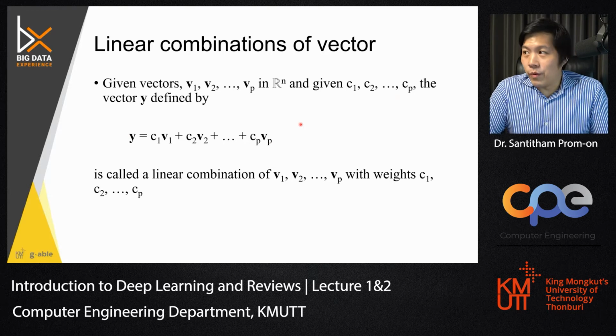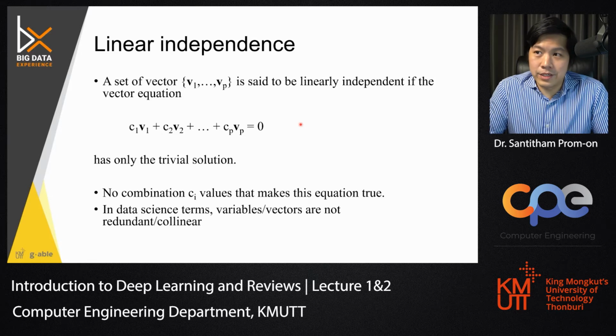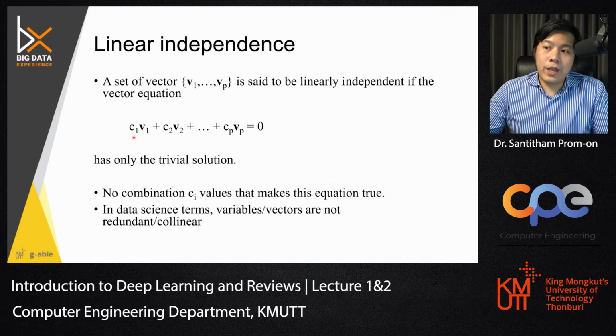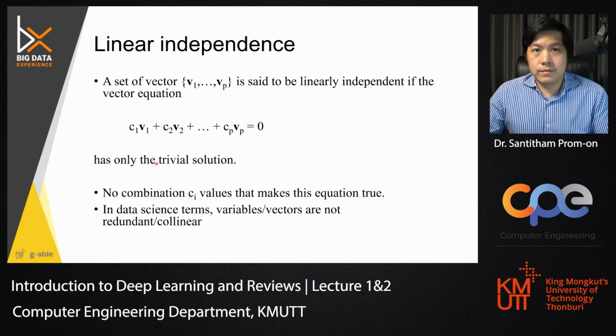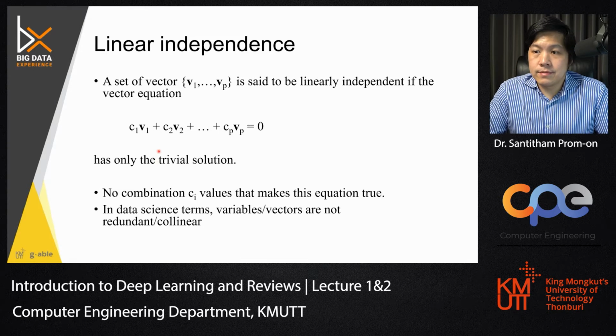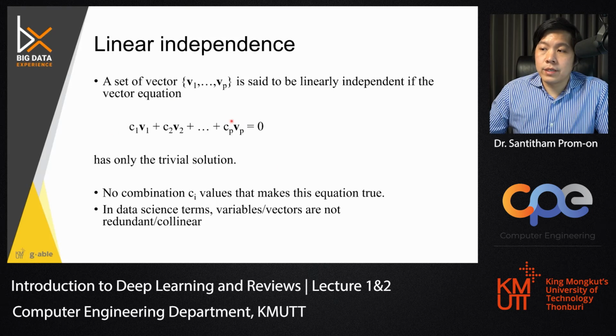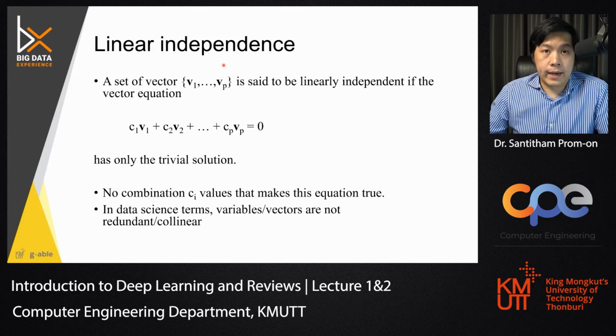Suppose you have a vector like this in linear combination. If you can set this equal to 0, with c1 to cp, and this works only in the trivial solution, what does that mean? You cannot combine the vectors and make them 0. If that is the case, then these vectors are linearly independent of one another.